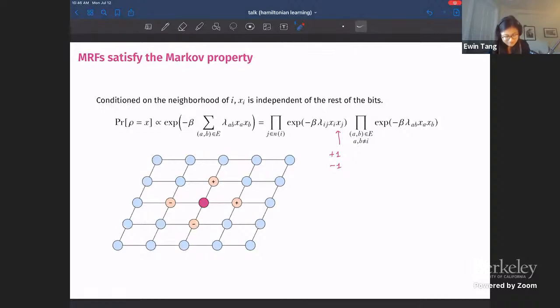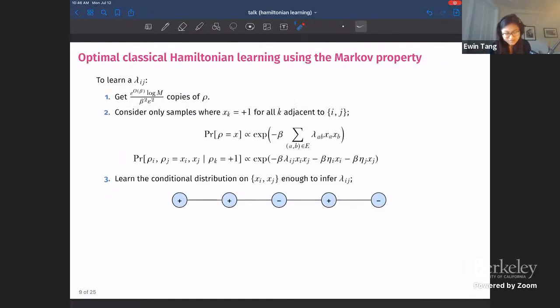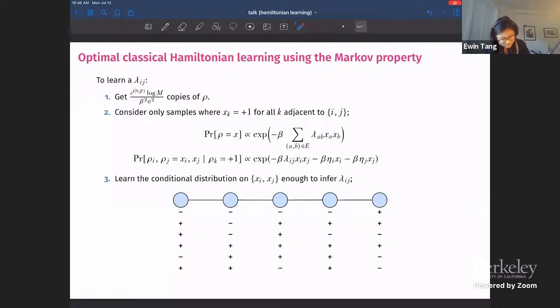Now, given this Markov property, it's a very strong property because it allows you to solve Hamiltonian learning in the classical setting. What you would do, if you wanted to learn some lambda ij, is get a bunch of copies of your rho. Here I have one sample, one copy of rho, but I'll get a bunch of samples. Then I'll condition. I want to learn lambda ij, so I'll condition on all of the adjacent bits to i and j, and I'll condition on them being 1.